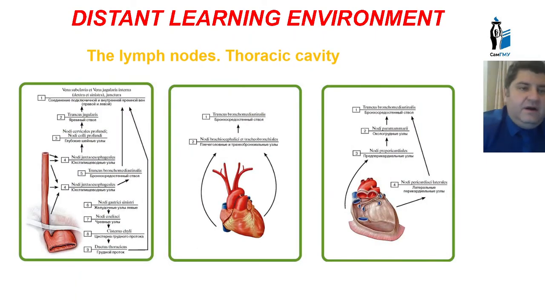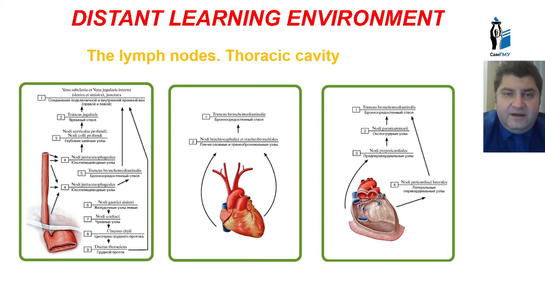From thoracic cavity organs, for example the esophagus, lymph passes to juxta-esophageal nodes, and also to profound cervical nodes. Then it passes to the jugular trunk. But from the inferior or abdominal part, lymph passes to the left gastric nodes of the stomach, next to celiac nodes, and next to the ductus thoracicus, or thoracic duct.